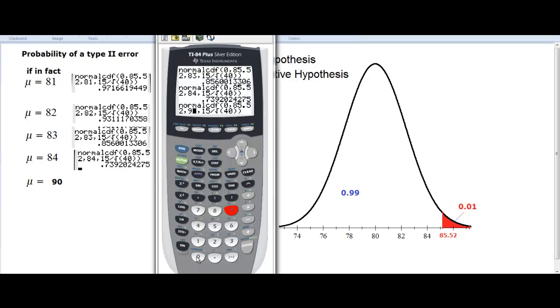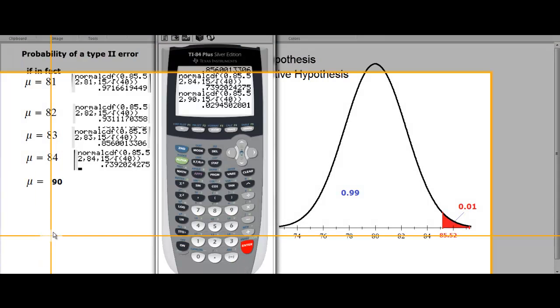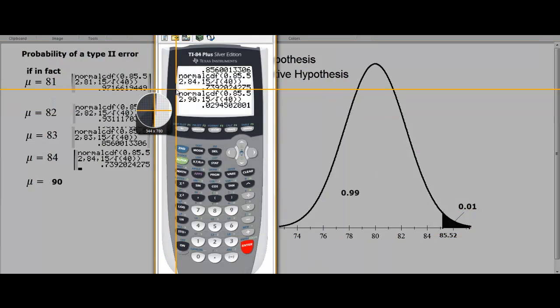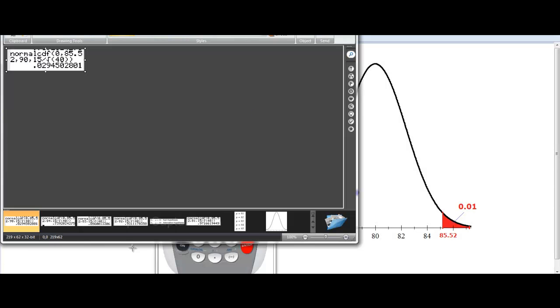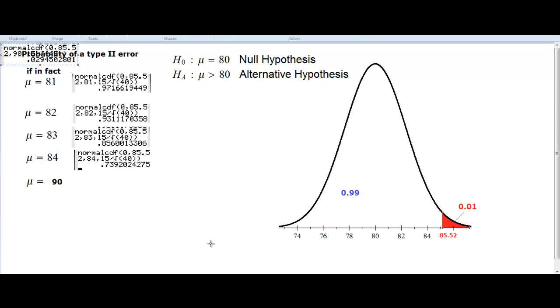Say 90. All right, and here you can see when it's that bad, then our probability of committing a type 2 error declines. All right, so I'm going to go further into that, but let me do this here.